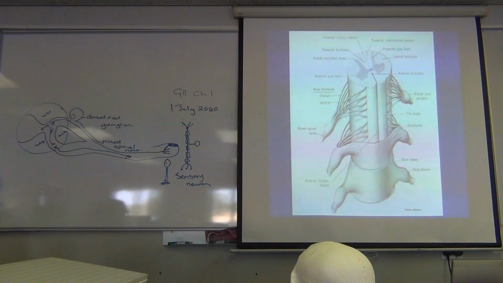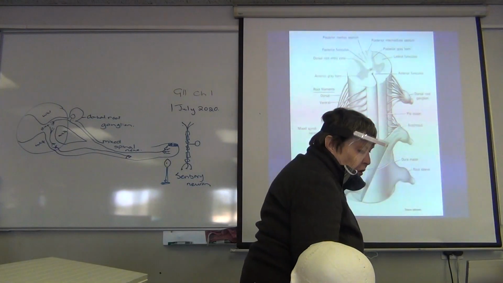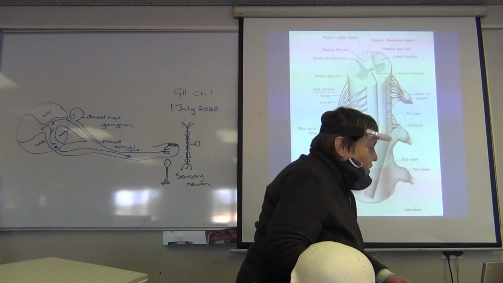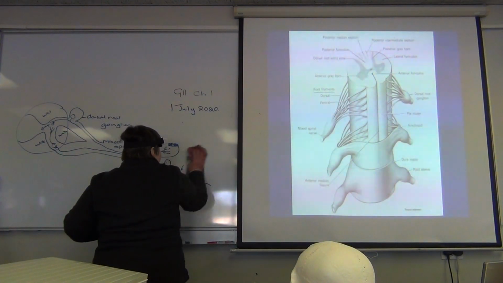Here is the dorsal root ganglion, the little swelling, and the sensory neuron then goes into the spinal cord and synapses with an interneuron in the spinal cord, which synapses with a motor neuron. And the motor neuron comes out here, and it'll go to a muscle in my foot and say, pick up my foot, because I've now stood on a thorn. So that pathway that has those 3 neurons in it is called a reflex arc.